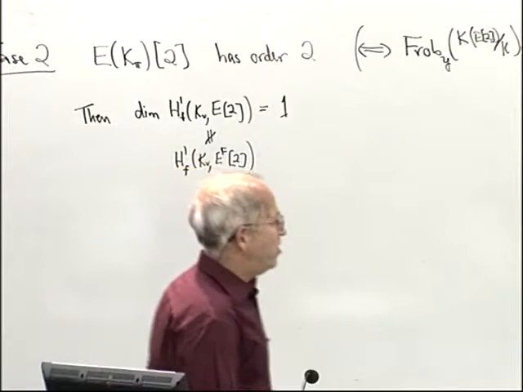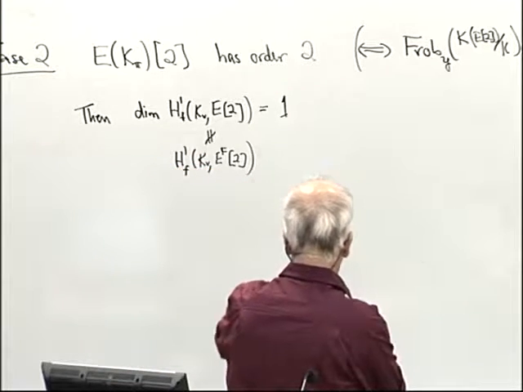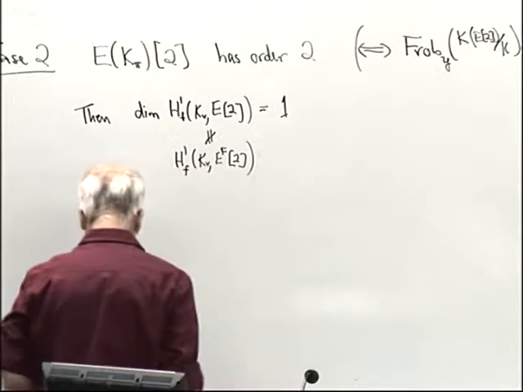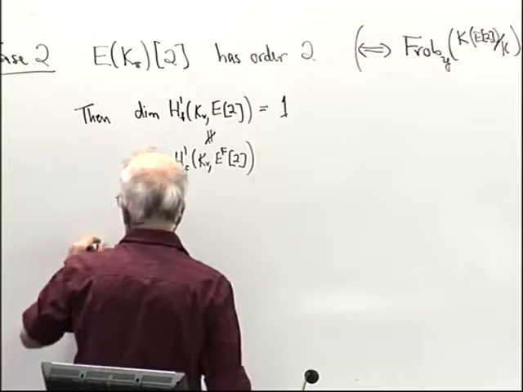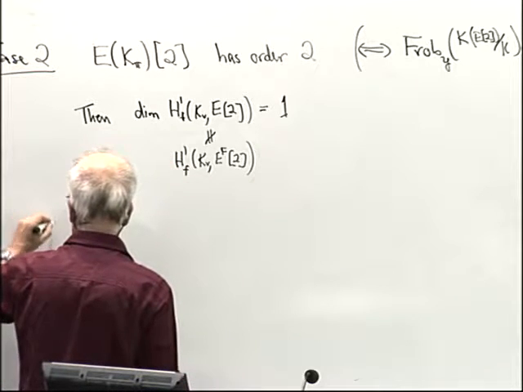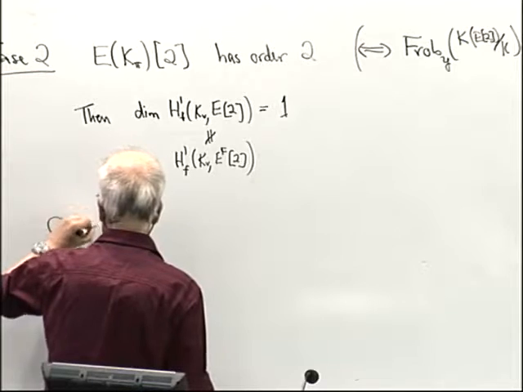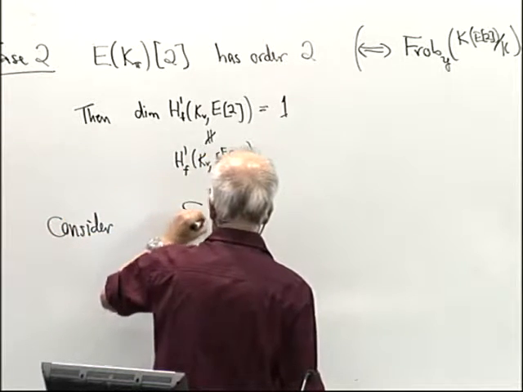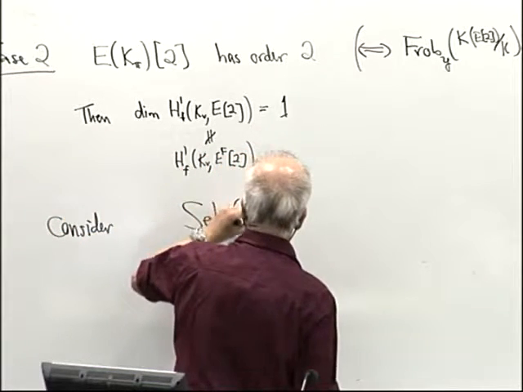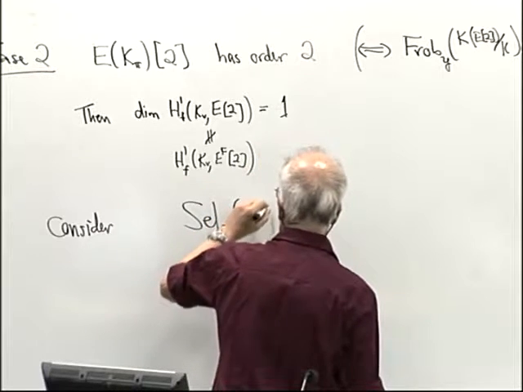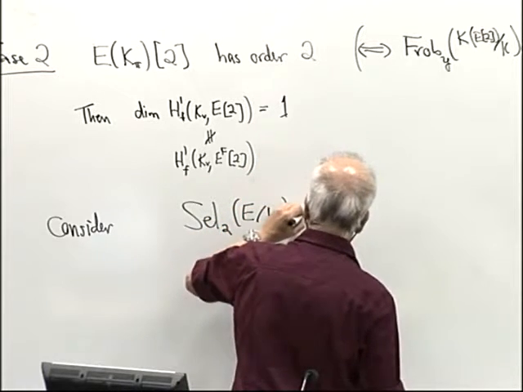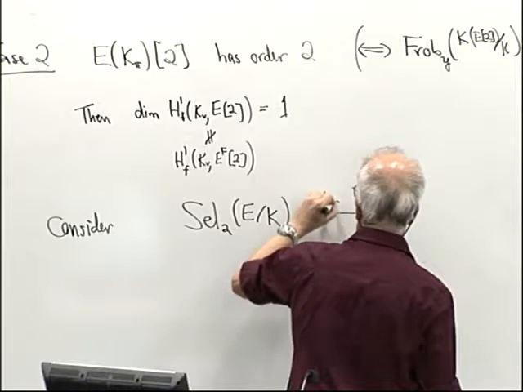And what you can show depends on, so consider the localization map. We'll start in this Selmer group, E over K, and we're going to just localize at pi.